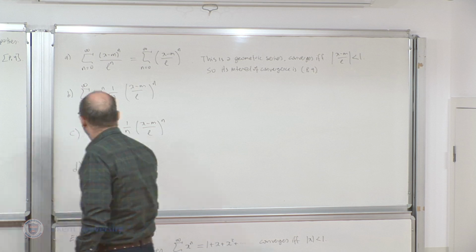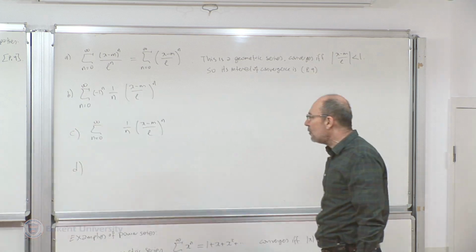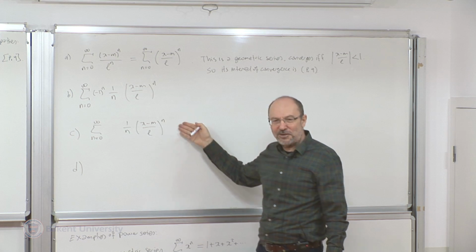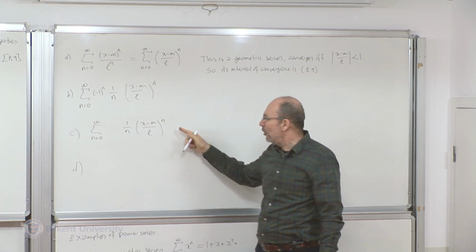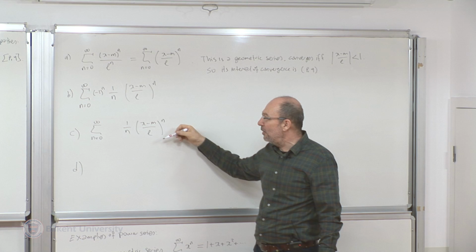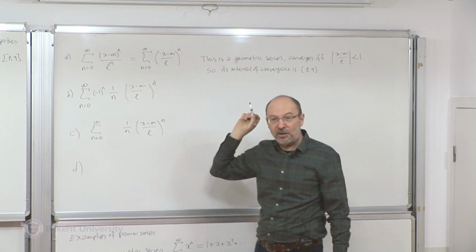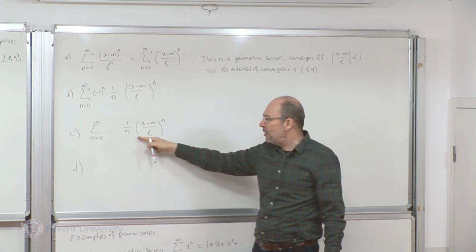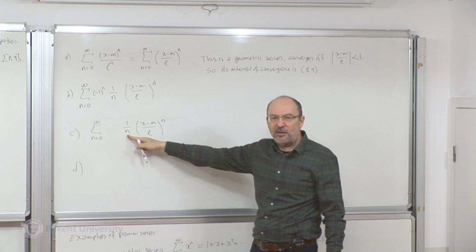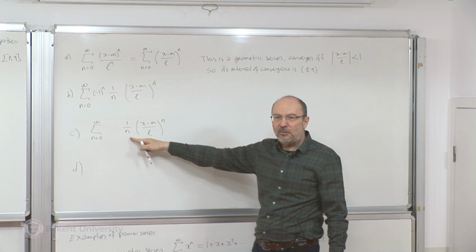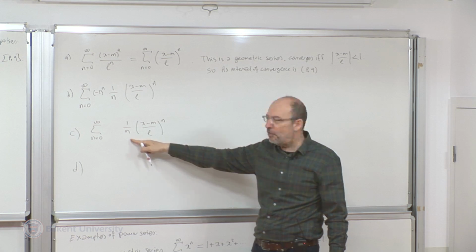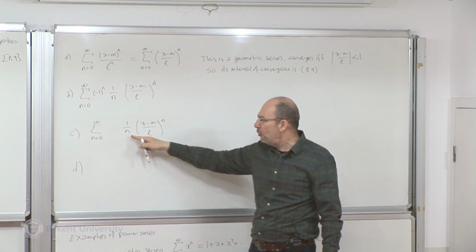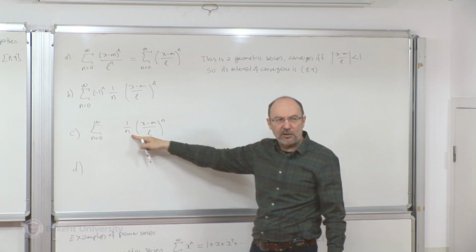Okay, D. Now this one, again I go to the previous case. In the previous cases, now I want this to converge at the endpoints. What made this diverge at the endpoints was this harmonic series. If I make the sign of this alternate, it converges, otherwise it diverges. Now here I want a term which converges regardless of sign.